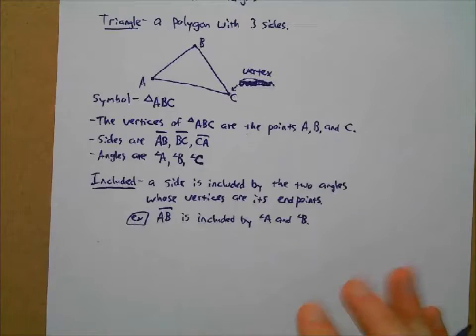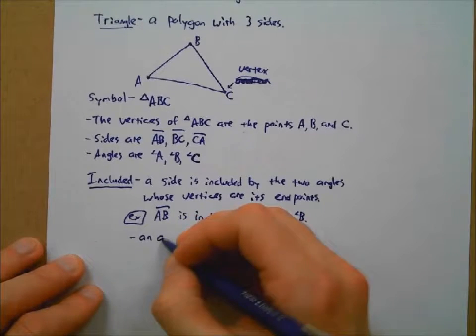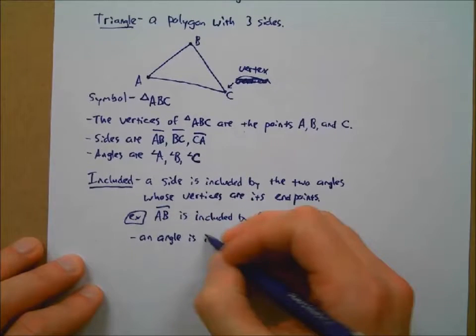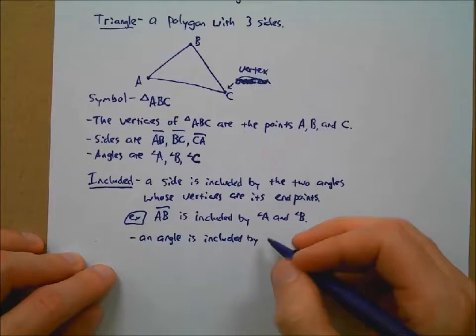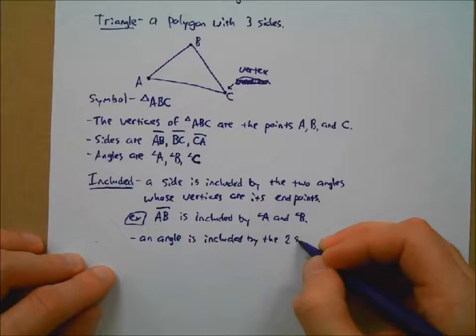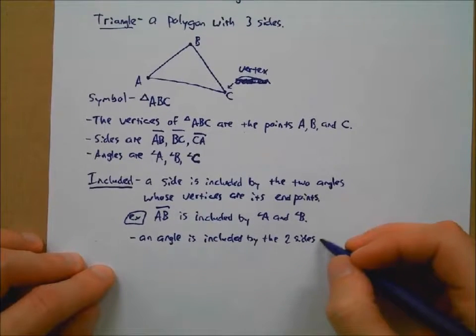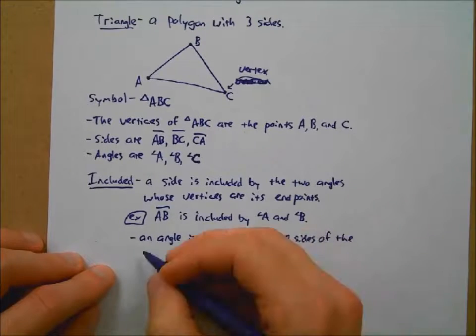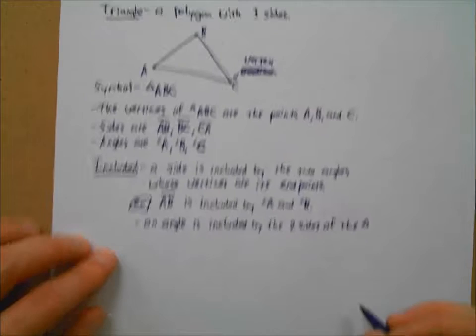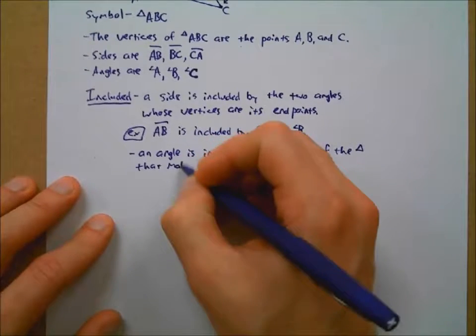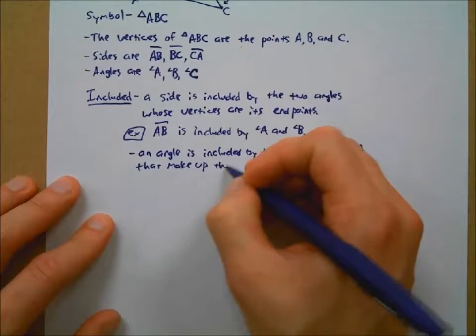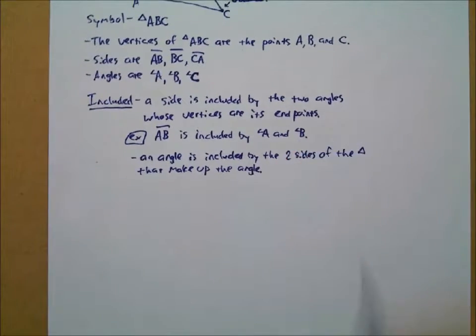An angle is included by the two sides of the triangle that make up the angle.